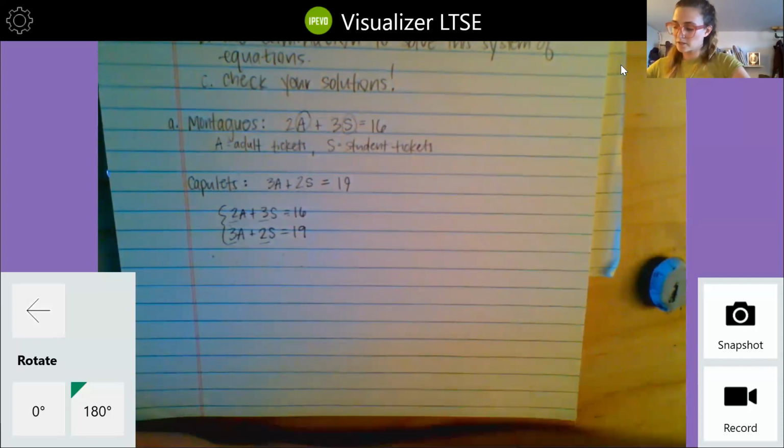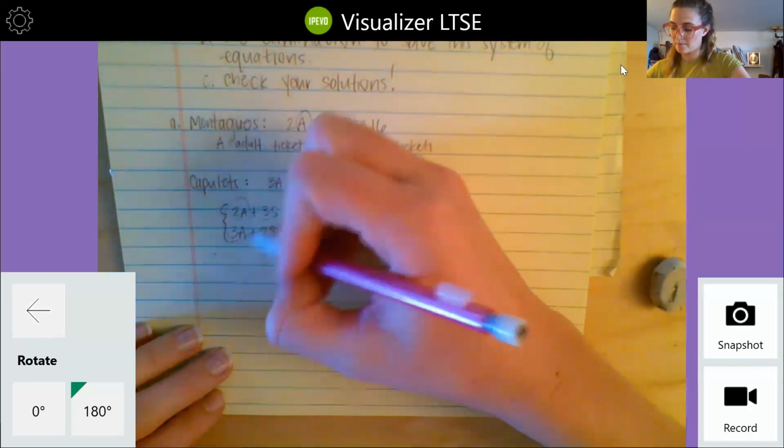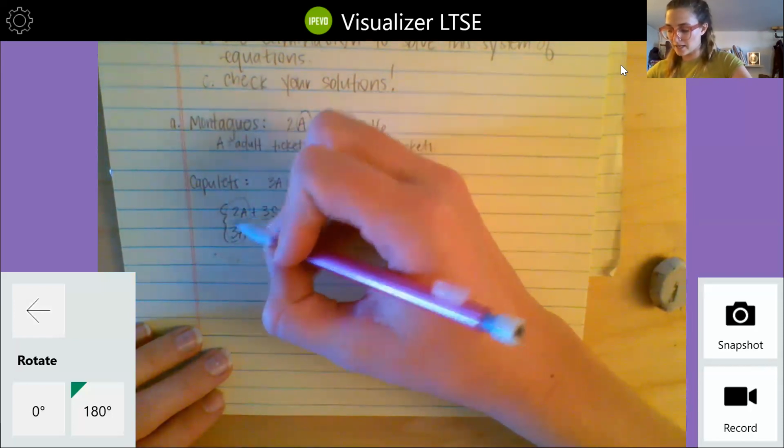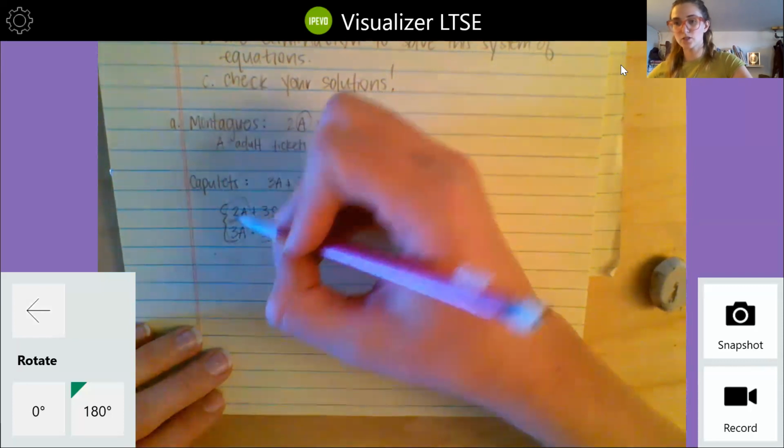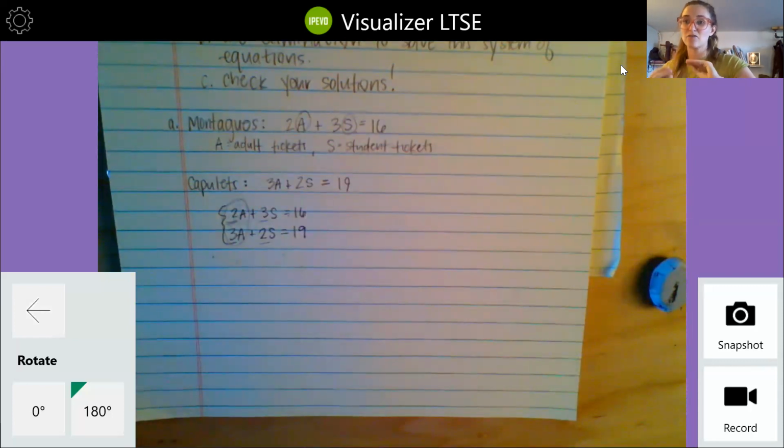If I wanted to eliminate a, I would need these two numbers to be additive inverses of one another. So it would need to be negative 6 and 6, or negative 2 and 2. And then that way they would cancel out and I'd be left with only the other variable.